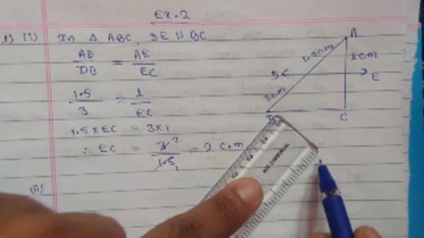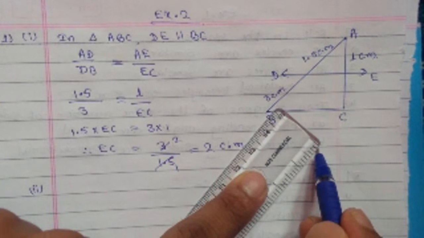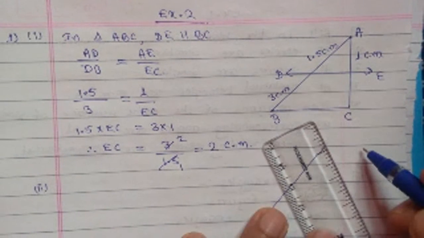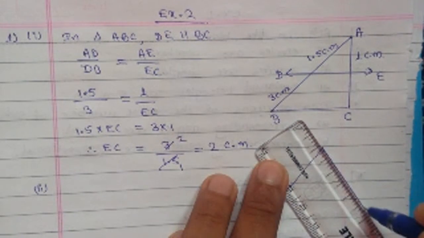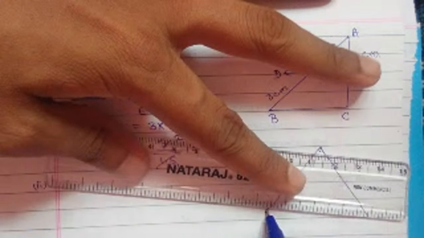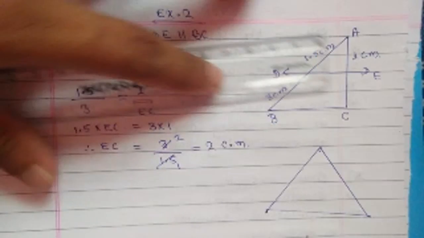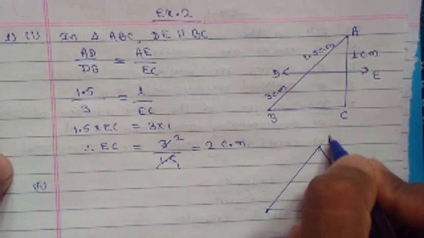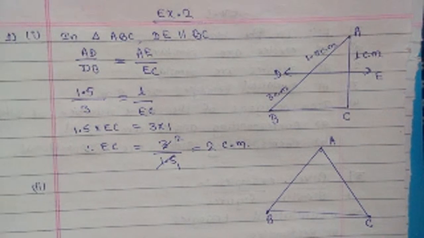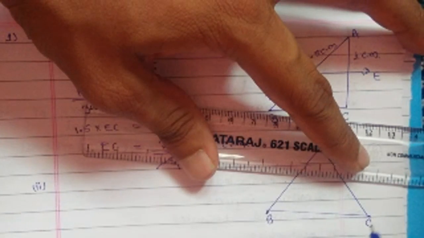I'll draw the diagram. A, B, C, and one line which is parallel to BC.